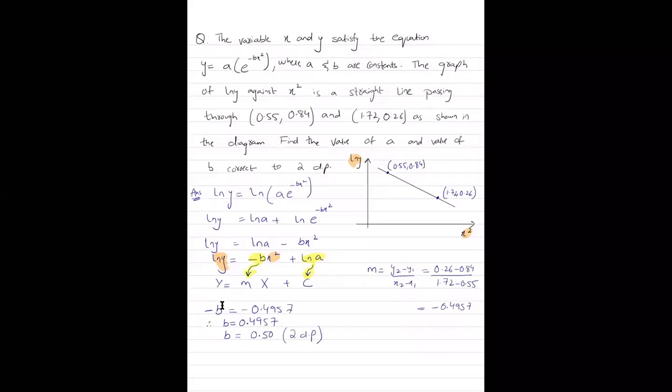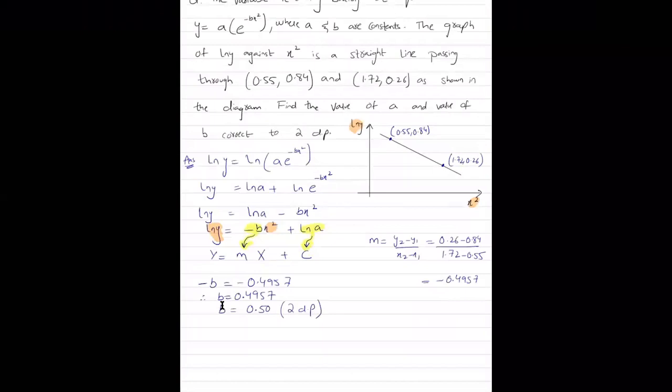All right. Then for ln A, what should I do? I did y equals mx plus c, and then I made m the gradient, minus 0.4957, and then I plugged in y and x from one of the pairs of coordinates. That's perfectly fine.